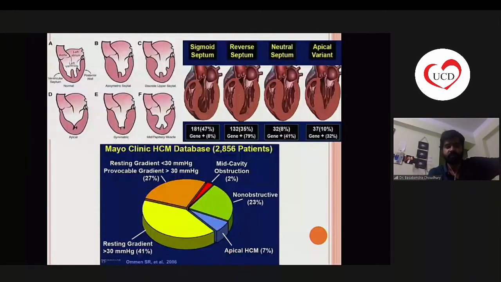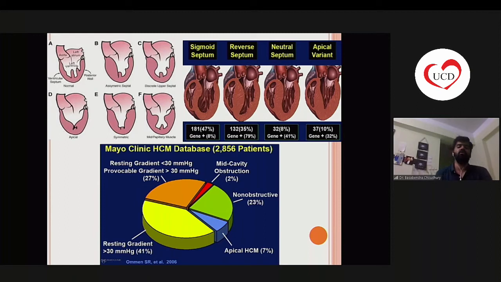Next. So we can see the various forms of LVH. The normal pattern, the asymmetric septal hypertrophy, the apical hypertrophy, the symmetric concentric type of hypertrophy, the mid papillary muscle hypertrophy, which can give rise to a mid cavity gradient, and the different types of septal shapes: the sigmoid septum, the reverse septum, which has a strong correlation with genetic mutation, the neutral septum, and the apical variety.